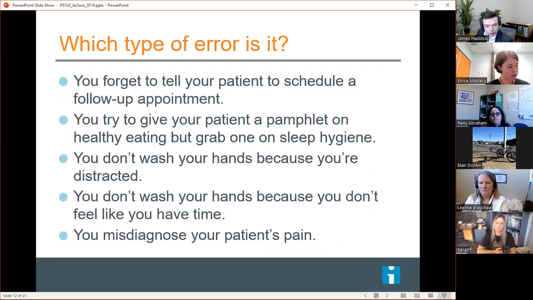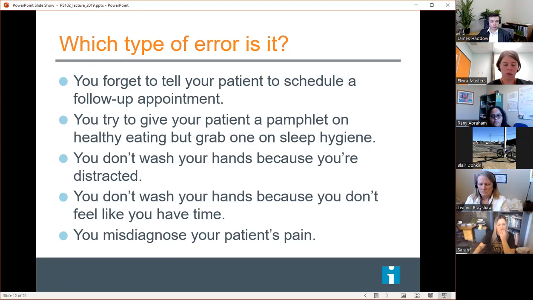So maybe we could classify these. If you could use the chat to put what type of error you think each one is. If you just write, number on each line, and then you'll know which one it is. So the first one being, you forget to tell your patient to schedule a follow-up appointment.